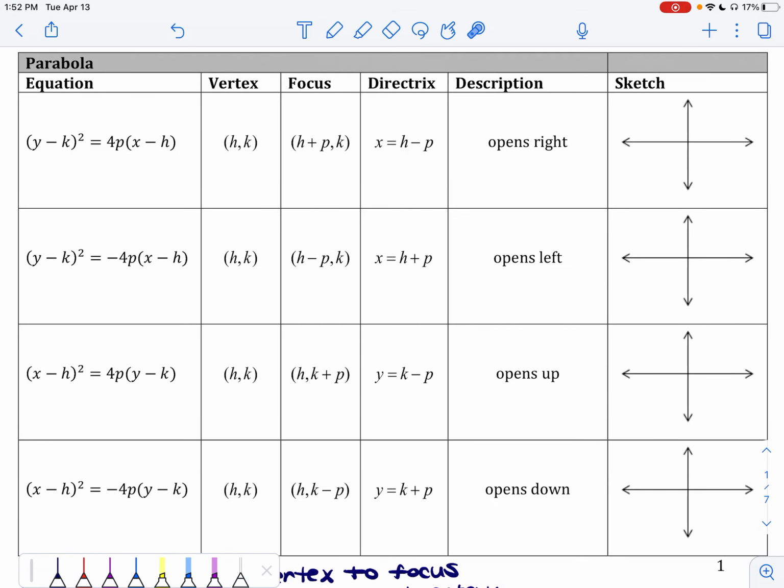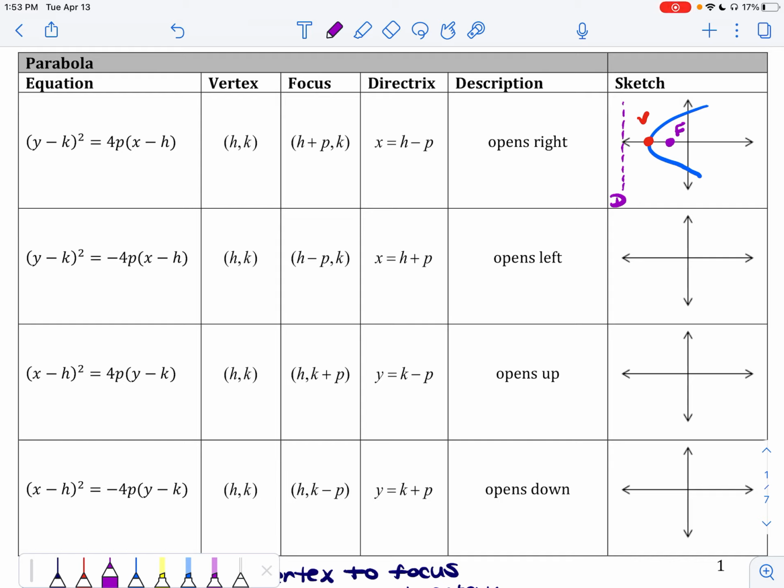Let me give you a quick sketch of some of these. Let's start with the first one. We have a y squared with a positive 4p, so it's opening to the right. Somewhere on here, we're going to have a parabola opening to the right, which means that the focus is going to sit to the right of the vertex, our vertex being right here, and the directrix line is going to be the same distance to the left of that vertex.